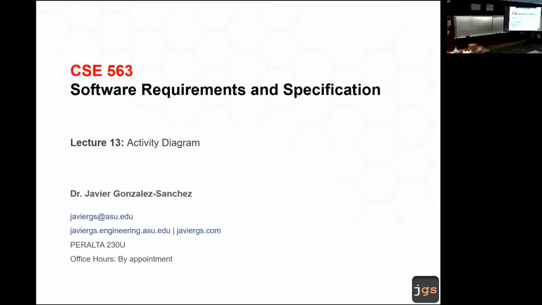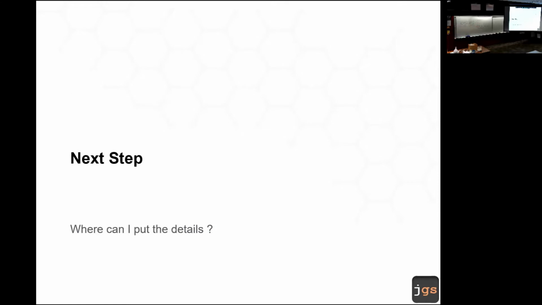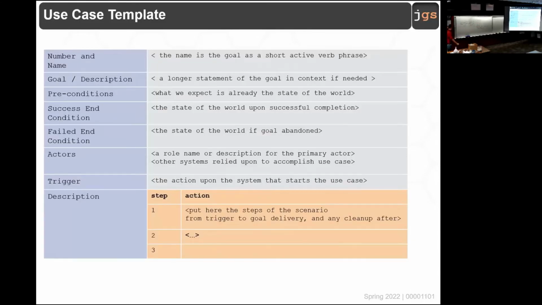Okay, let's start with the text. For the details, this is called a use case template. Remember, use case diagram, use case template. Now, common mistake. Usually, we think that because we have one use case diagram with a lot of ovals, we need one use case template for the diagram.